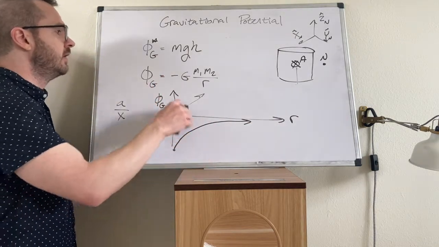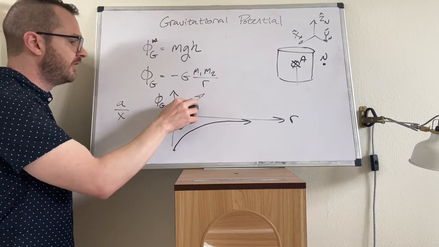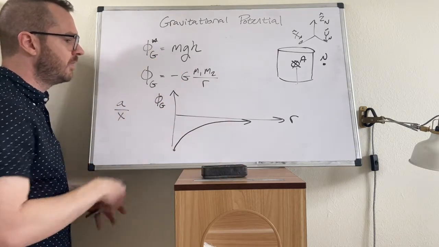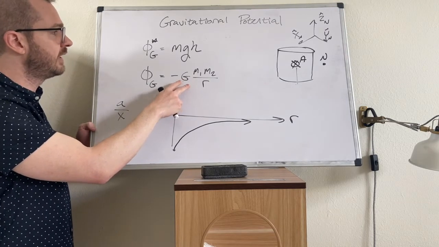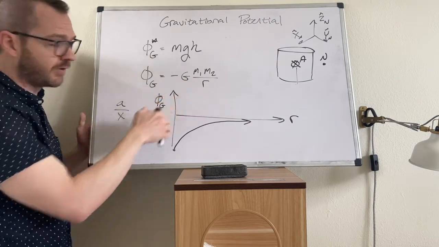So what is actually happening with this assumed potential is that we're linearizing this nonlinear expression around the radius of the Earth.